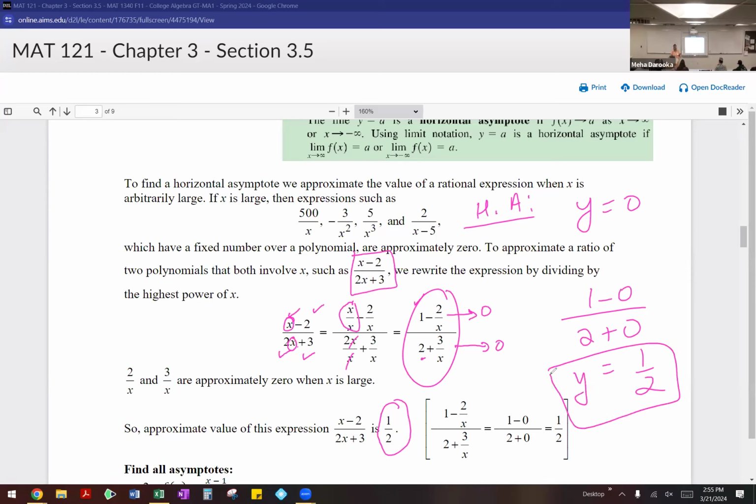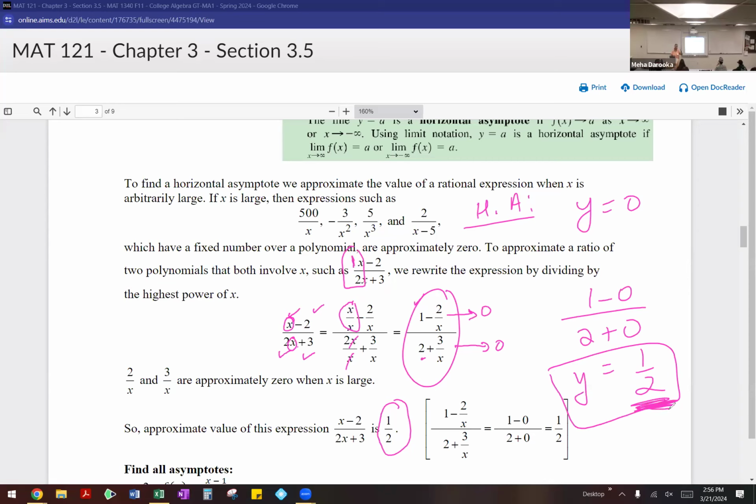It's going to be at the line y equals 1/2. So honestly, if your rational function has the same degree on the numerator and denominator, your horizontal asymptote is going to be the ratio of your leading coefficients. So this is 1 over here, and that's 2, and you can see that's the 1/2 we ended up with.